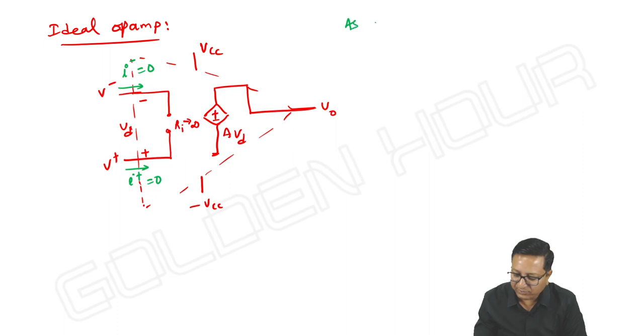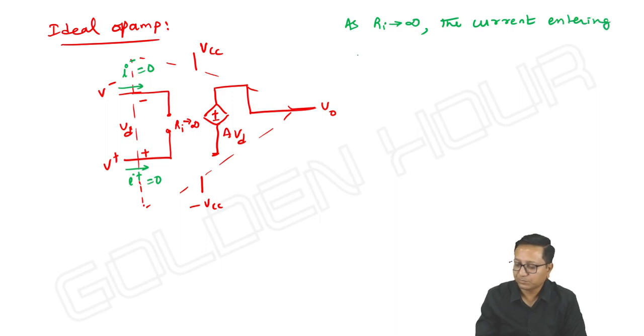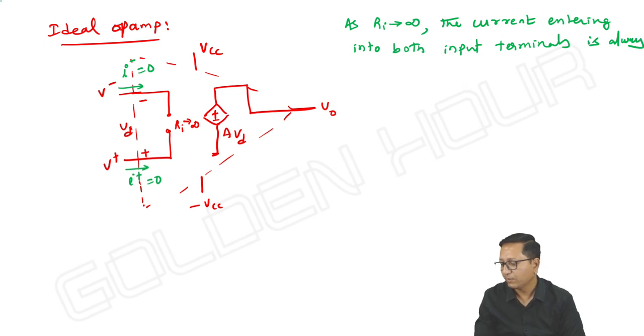So as Ri is infinite, what is the significance of infinite input impedance? Means as Ri is infinite, the current entering into any of the input terminals, or both the input terminals, is always 0.